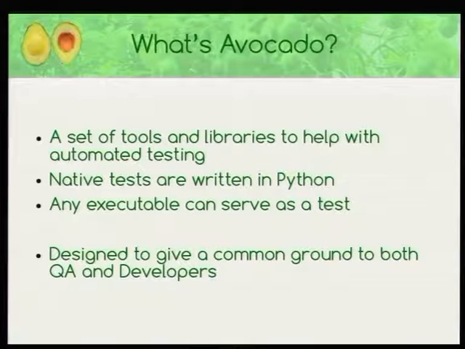Actually, Avocado itself is written in Python, but any executable can serve as a test for Avocado, so it's a generic testing framework. It was mainly designed to give a common ground, a bridge between QA and developers. So both groups, both teams can have access to the same tools and the same way to test the software that they are working on. And that was probably the main goal of the project since the beginning.